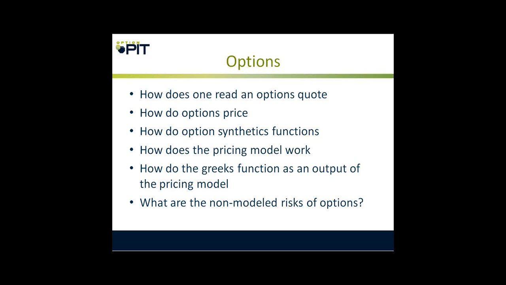How do options price? How do option synthetics function? How does the pricing model work? How do the Greeks function as an output of the model? What are the non-modeled risks of options? If you can't go bing, bang, boom through these, you don't know this.